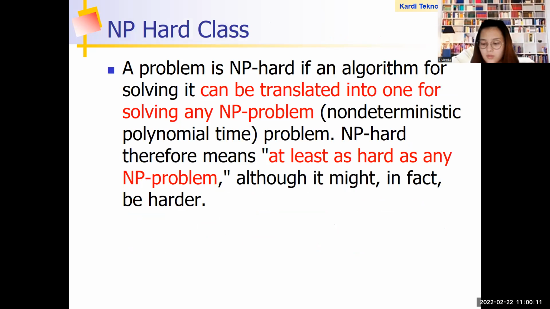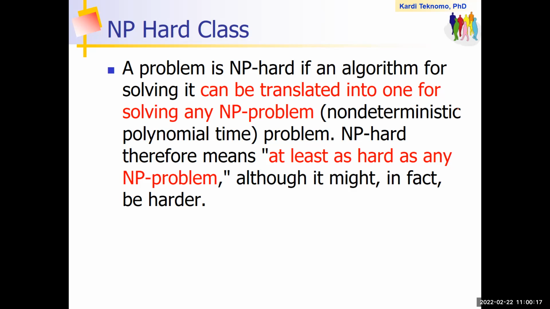Okay. So there is a problem called NP-hard, when this problem can be translated into solving any NP problem. NP-hard is called at least as hard as any NP problem. What is an NP problem?